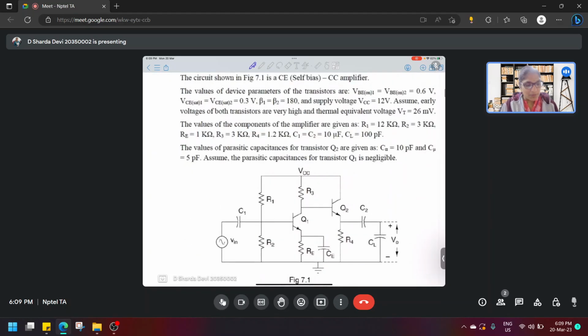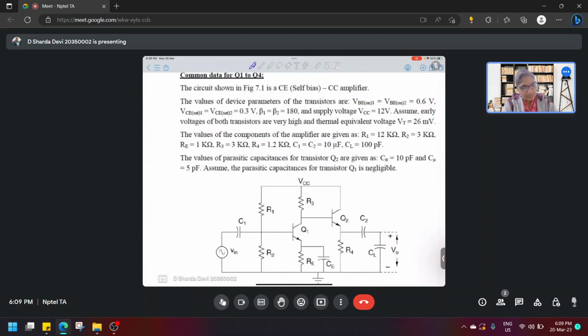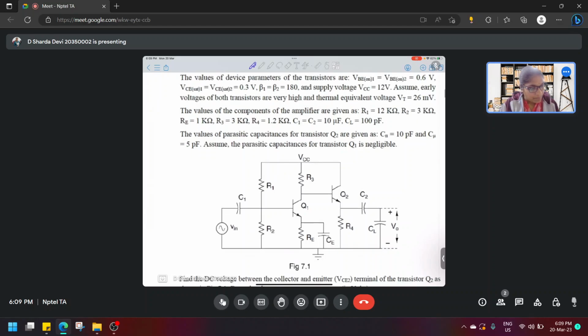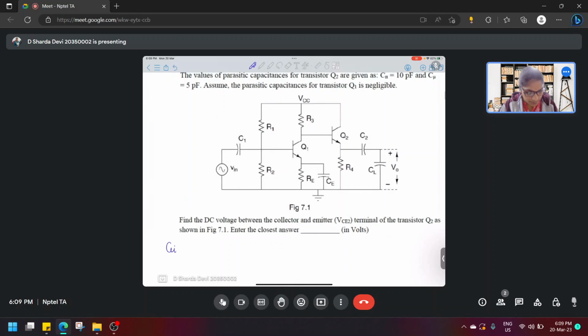In this problem, it is given that VBE is 0.6 volts for both the transistors.